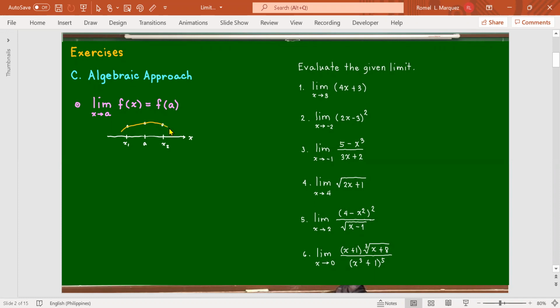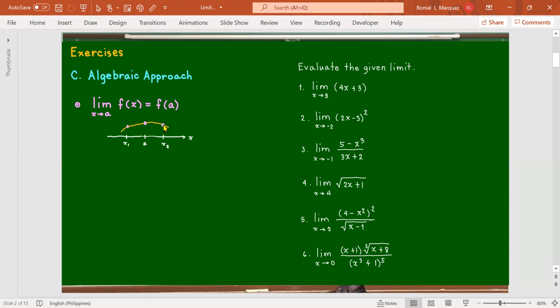Something like this. Again, I am interested in the behavior here, and I can move on the graph from this point, x equals a, to its immediate right and to its immediate left, however small the distance is. Clear, guys?